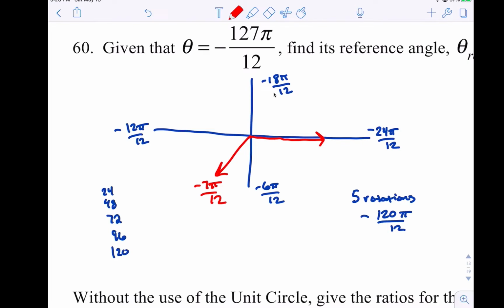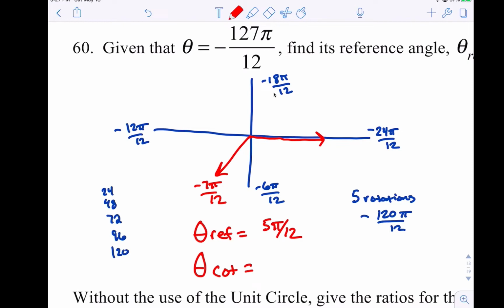Now my reference angle, again, is how far away I am from the x-axis. So how far away is -7 from -12? So your reference angle is 5 pi over 12. Remember, reference angles are always positive, regardless of the angle that you're working with. And then the coterminal angle, remember, it's got to be between 0 and 2 pi.